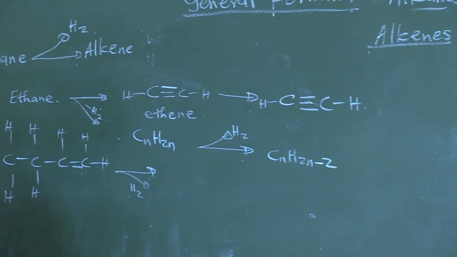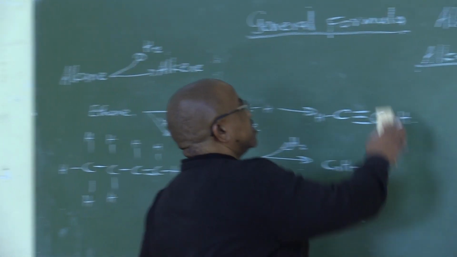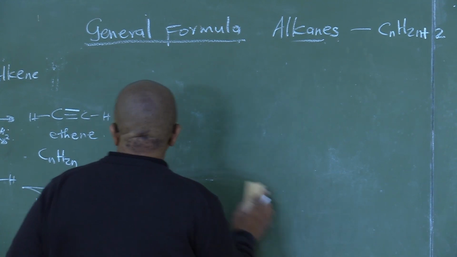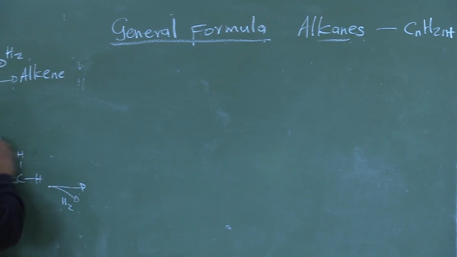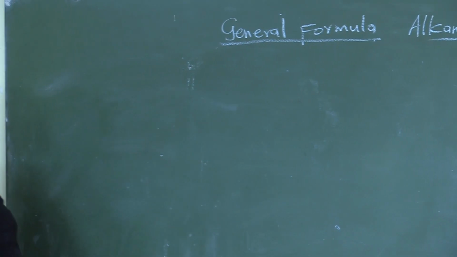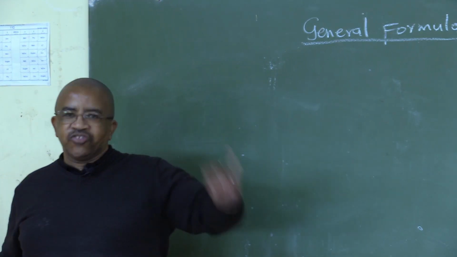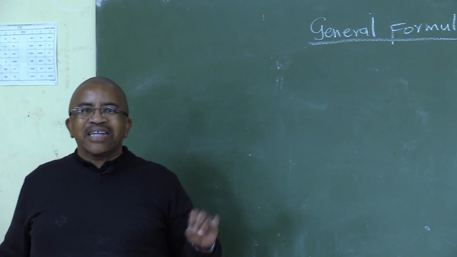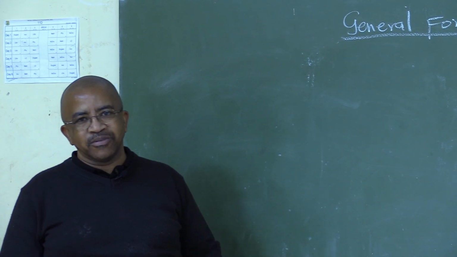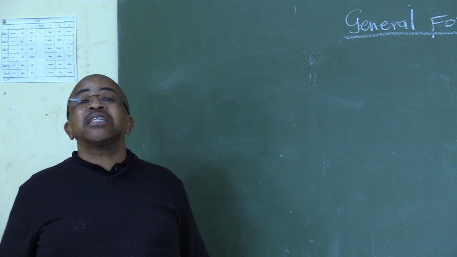So we have -2. So which means all in all, kuma hydrocarbons. What is hydrocarbon? It's a structure which has both carbon and hydrogen only. Hydrocarbon. Alkanes are hydrocarbons. Alkenes are hydrocarbons. Alkynes are hydrocarbons. But we know that alkenes and alkynes, they are unsaturated.